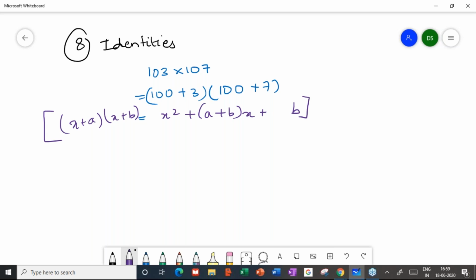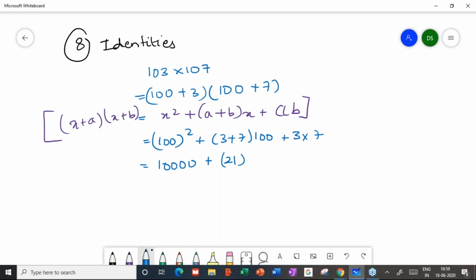So what do I get? I get 100 square plus (3 plus 7) into 100 plus 3 into 7. So I need to solve this completely. It will be plus 21 into 100 plus, okay, this is supposed to be a plus, plus 21.